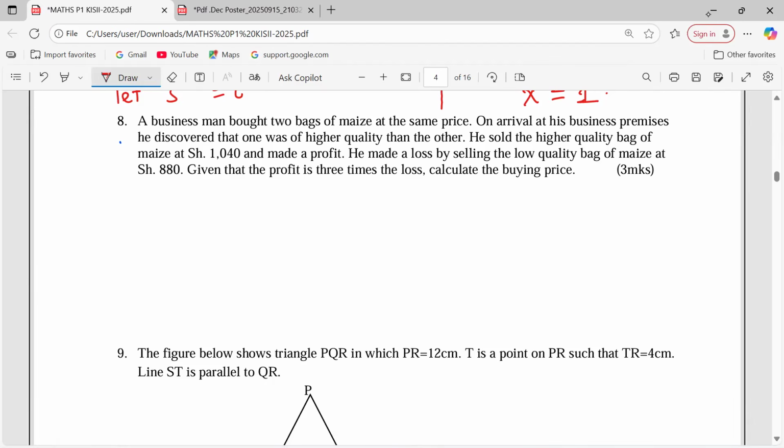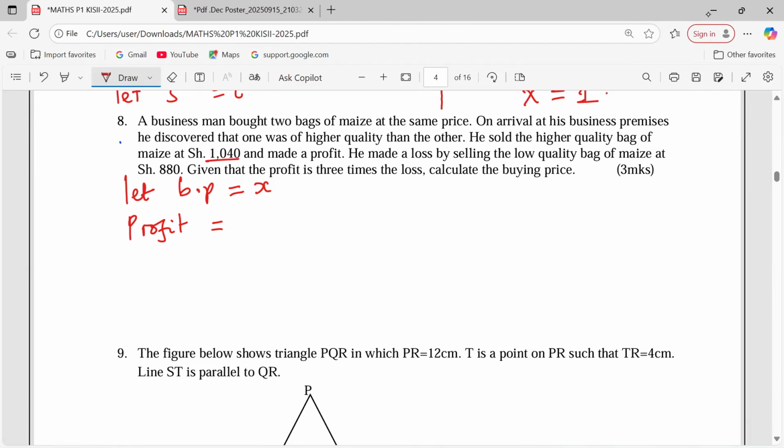Let's let the buying price be X, any unknown. I want us to analyze the question keenly. Remember, the bags have both been bought at X. Then now, how do we get profit?